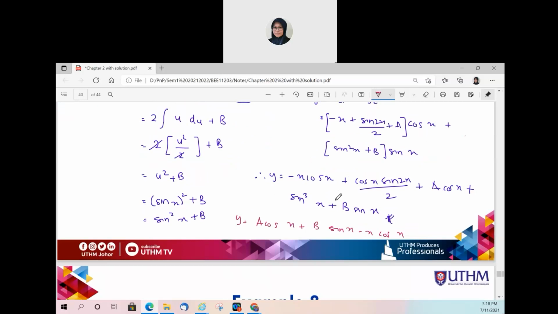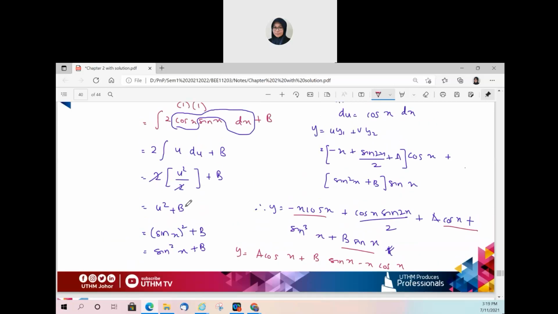Okay, so the solution is you have this one, and this one. And this part, you have to do some modification based on the trigonometry identity. So you have to look at the identity.